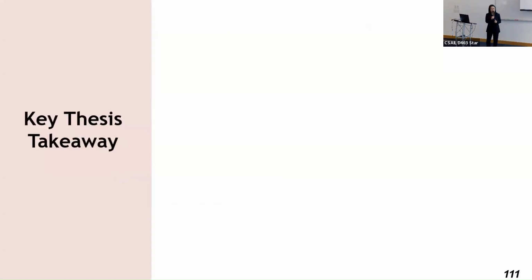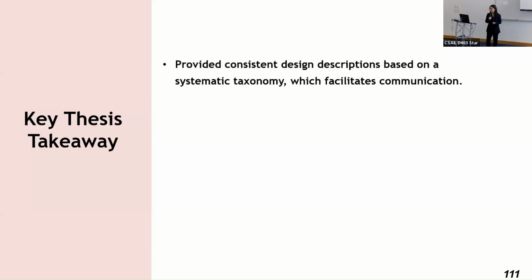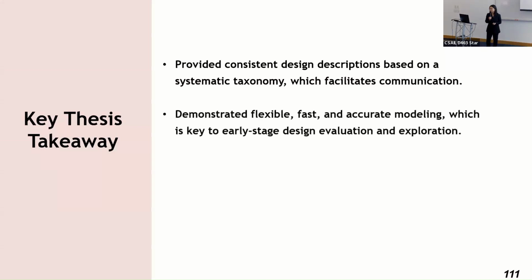Okay, so that concludes the most important contributions of this work, and I would like to give some high-level key takeaways of this thesis. First of all, we provided a consistent design description based on a systematic taxonomy that can help facilitate communication between designers from different communities. We then demonstrated that we can perform fast, flexible, and accurate modeling with Sparseloop, which is an early design stage modeling framework.